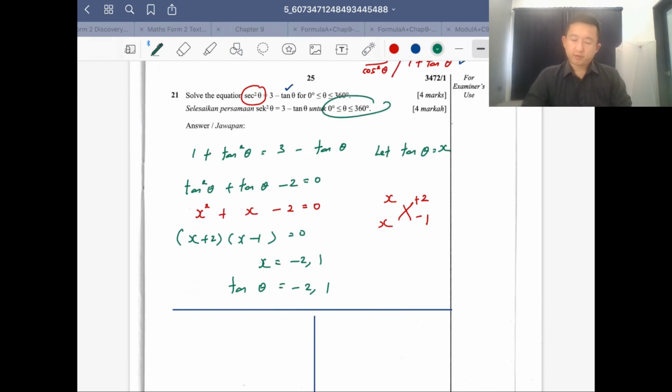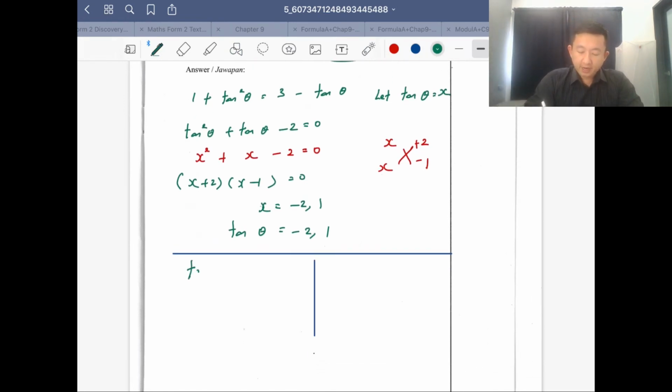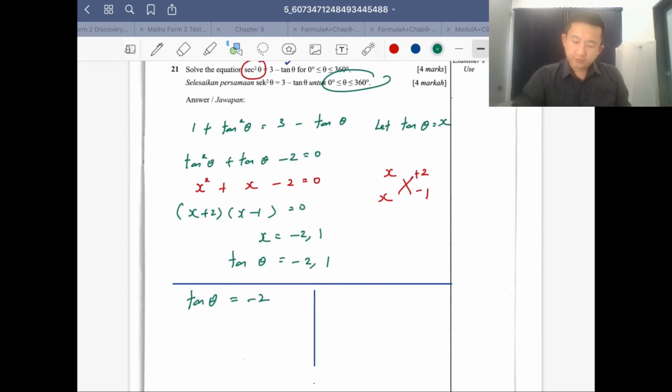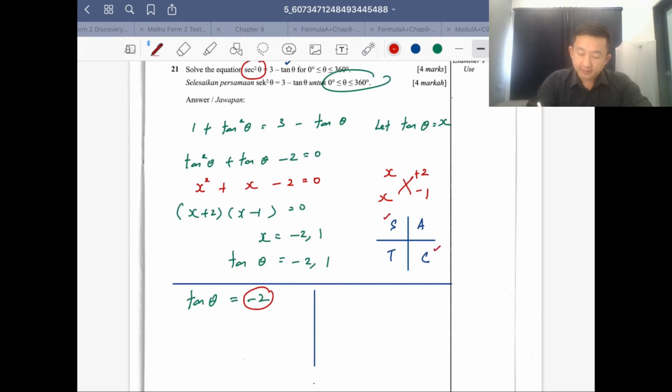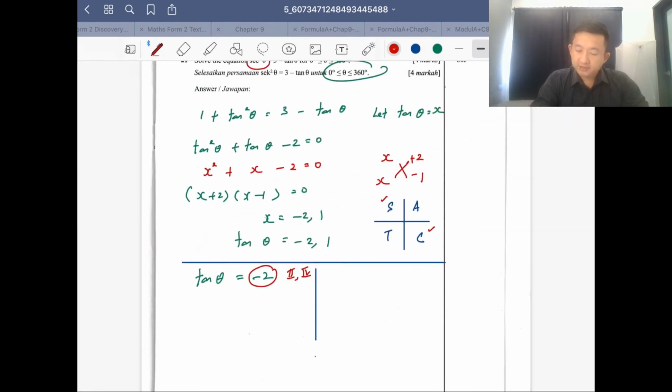The range is 0 to 360. If tan theta is negative 2, you have to remember the quadrant as well. For tan theta to be negative, it is the second one and the fourth one. Second quadrant and fourth quadrant. You have to remember the reference angle.